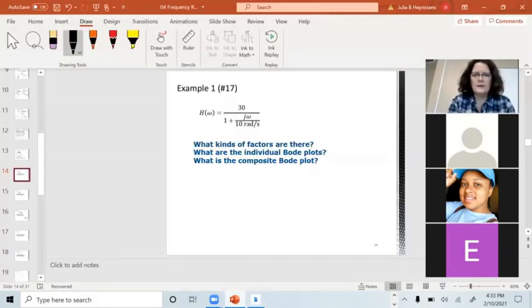If we look at this, we have a constant term, and my pole is already in standard form. So I don't have to mess around with it anymore.